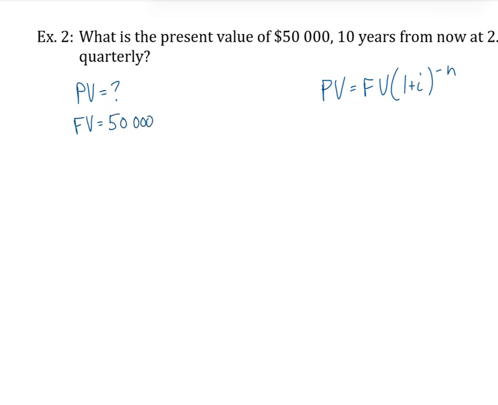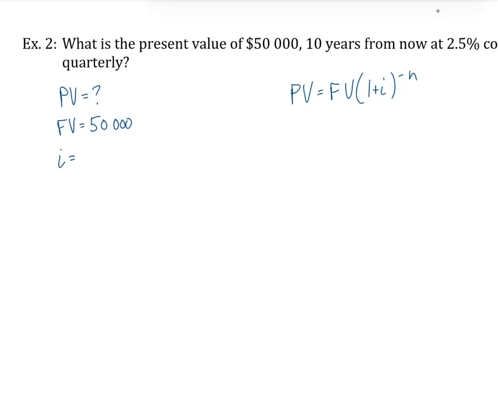This would be an appropriate down payment for a house, something like that. Somebody is wondering, what do they have to deposit now to save up for $50,000 in the future? The rate is 2.5% compounded quarterly. Okay, then we sub in.